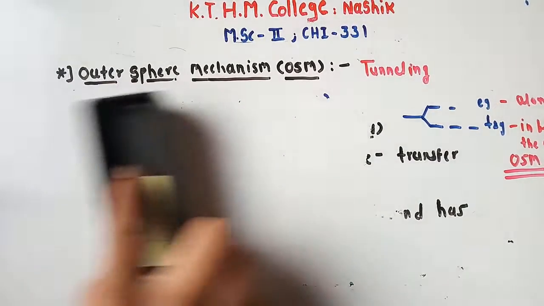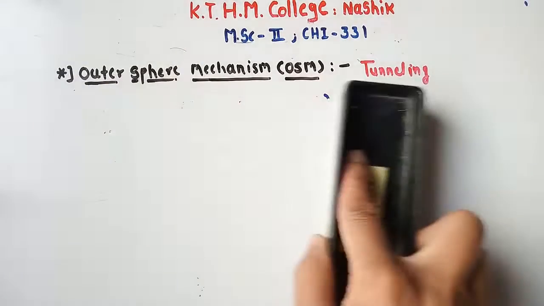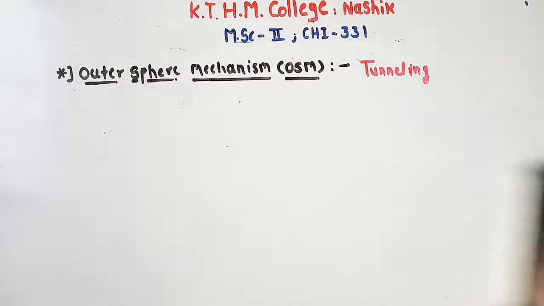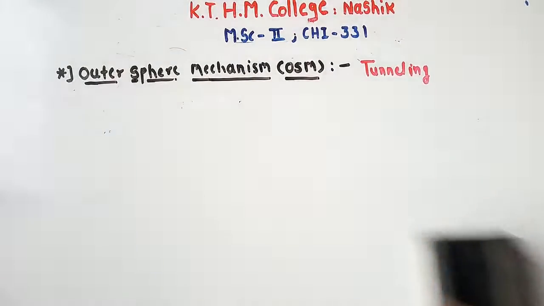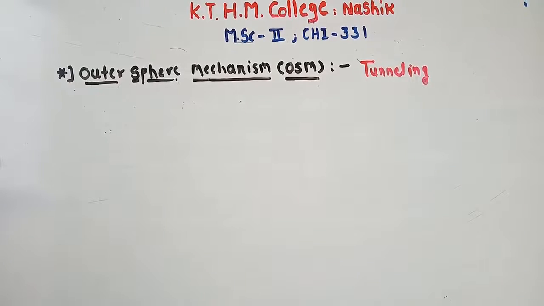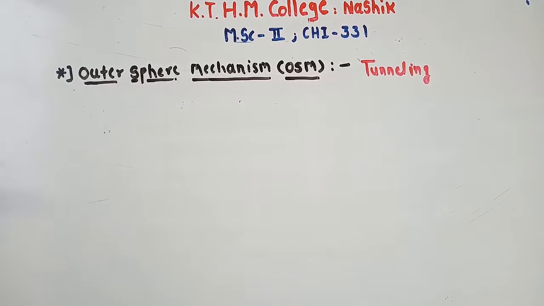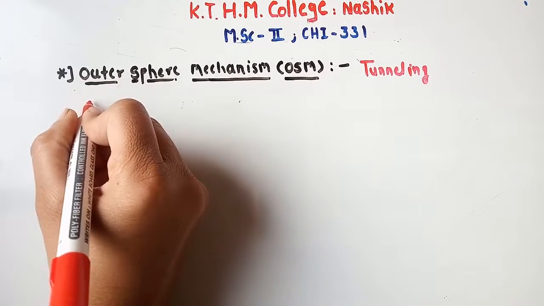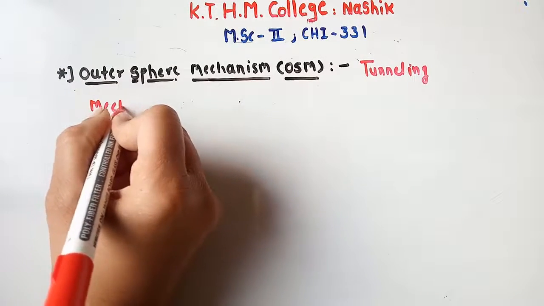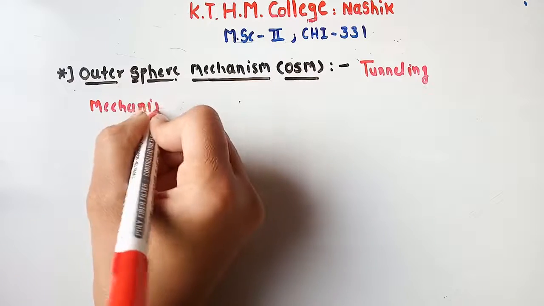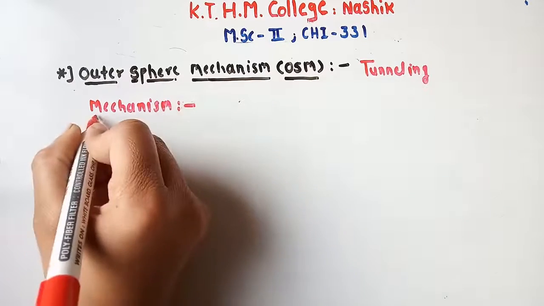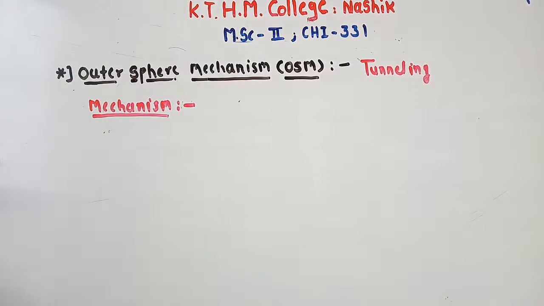Only remember, in the outer sphere mechanism, electron transfer occurs through tunneling, and the most appropriate condition for electron transfer is through T2g to T2g. So let's see the mechanism part. First, the general mechanism.